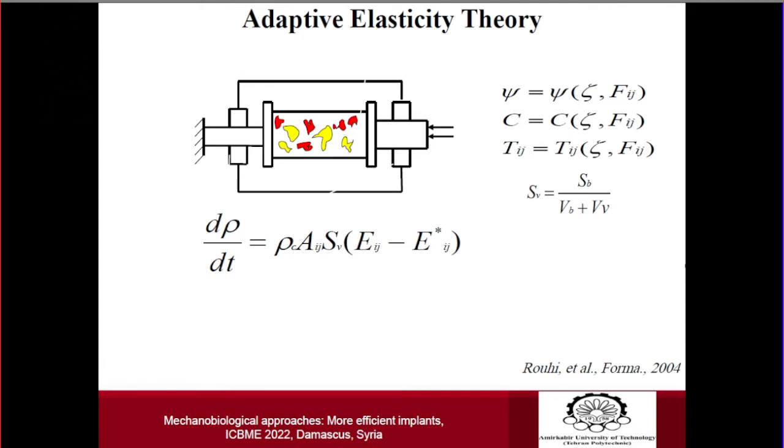SV is equal to the area of cross-section between the solid phase and void over the total volume of your bone. And after some mathematical manipulations using continuum mechanics, we came up with a new formulation for the remodeling, which states that the rate of change of apparent density is a function of free surface density and stimulus.